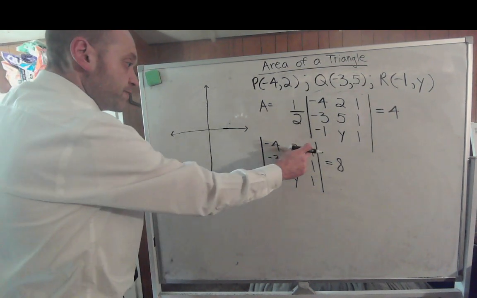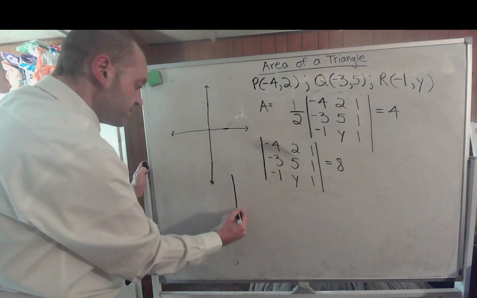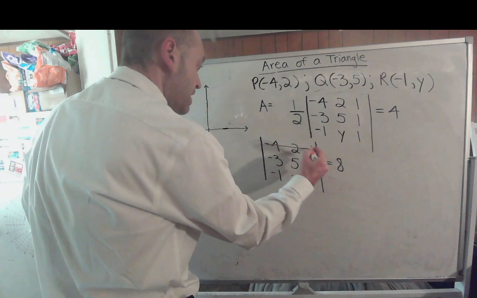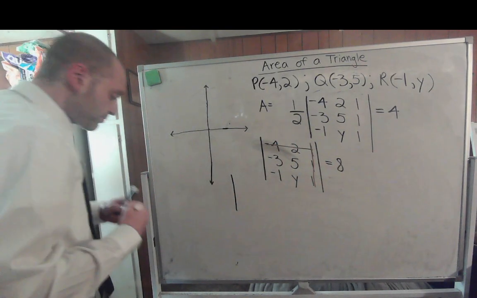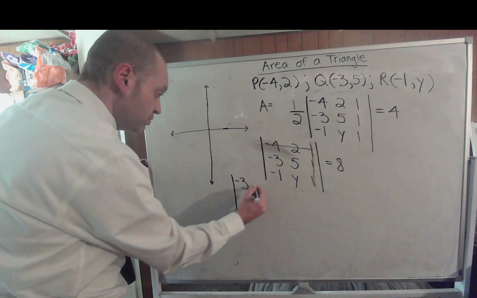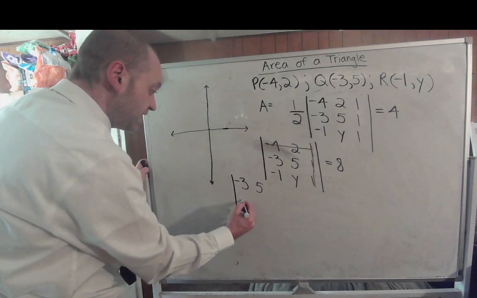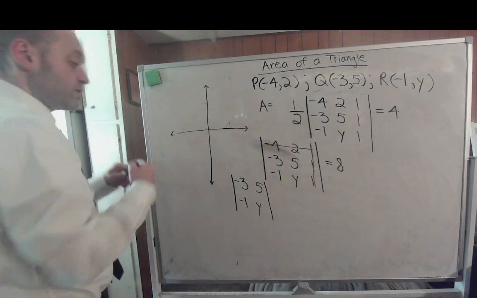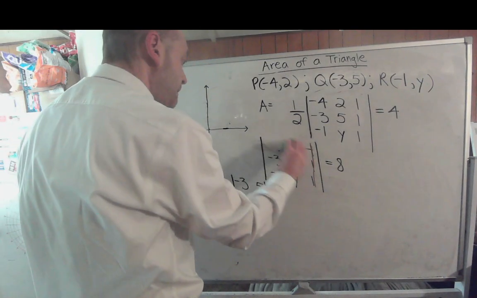So I'm going to do that first one, so that'll be positive of the resulting determinant when I strike out the row and column in which that one lies. So the resulting determinant is a 2x2 with entries -3, 5, -1, y. Alright, so there's your first 2x2.